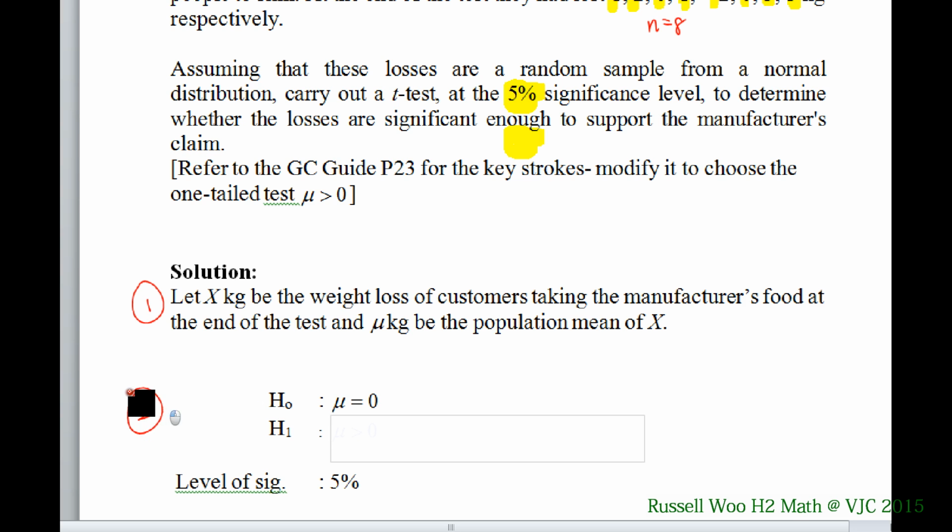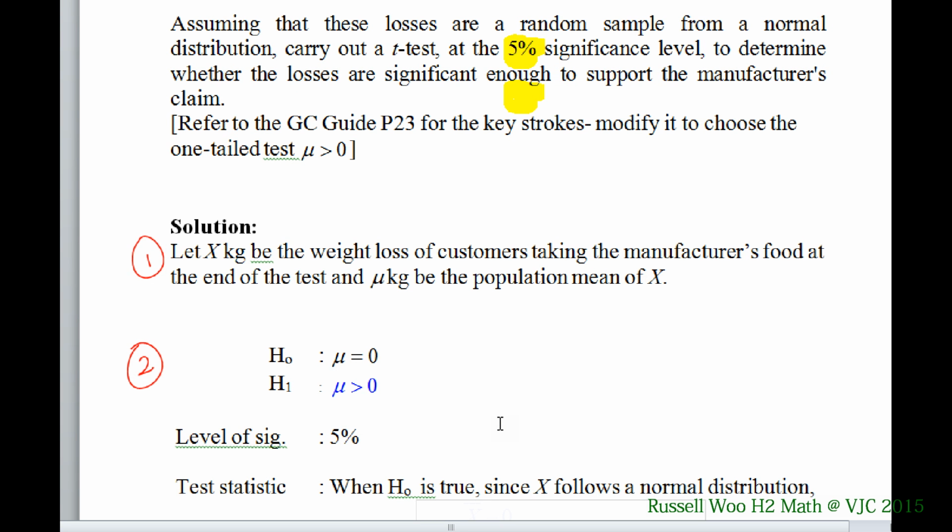Step 2, state your hypothesis. You want to find out whether the losses are significant enough, so you will do only a one-tail test. Yes, because you want to lose weight, right? You want to check whether mu is greater than 0 or equal to 0. So it is a one-tail test.